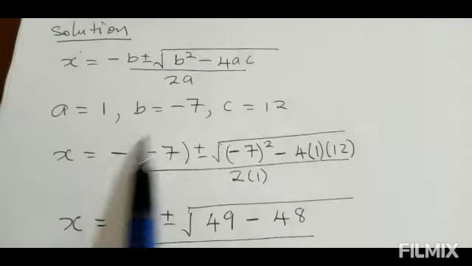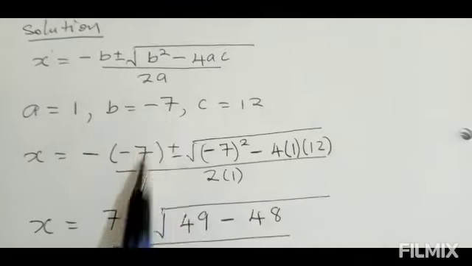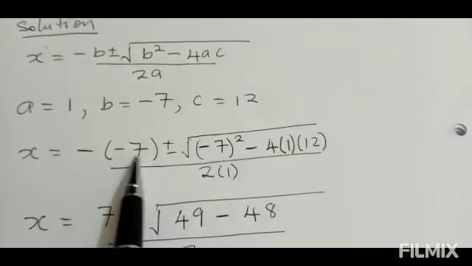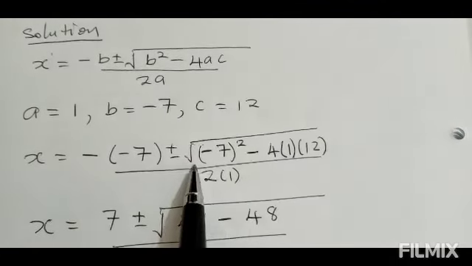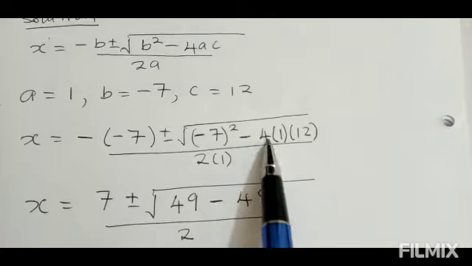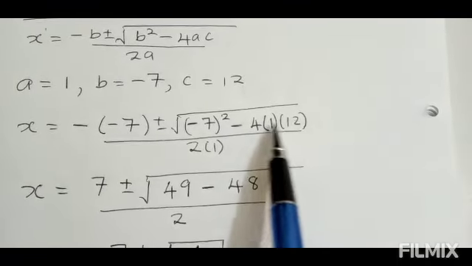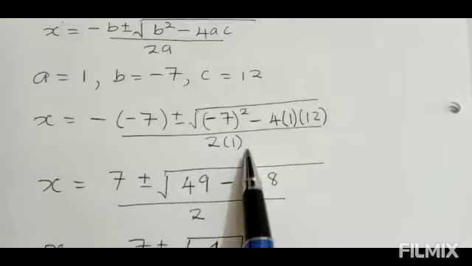So x is equal to minus b, so minus minus 7, okay, because b is minus 7, plus or minus the square root of minus 7 squared minus 4, where a is 1 and c is 12, okay? So 4 times 1 times 12, over 2a.